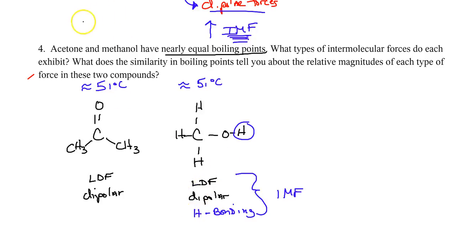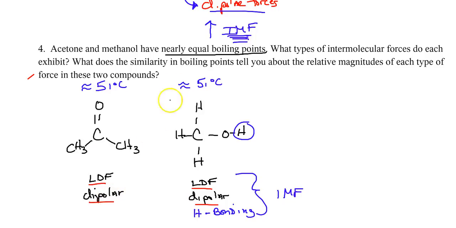The only way to explain this is to understand that these forces are not always going to be equal. So let's think about this for a second. The LDF force to this LDF force, clearly they're about the same. Now, dipolar force and dipolar force, well, that may be different, but let's take a step back. Notice this methanol clearly has 3 intermolecular forces that dominate its intermolecular force of attraction.